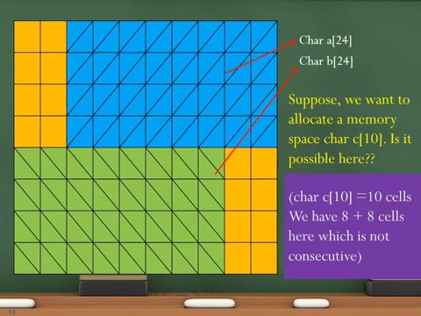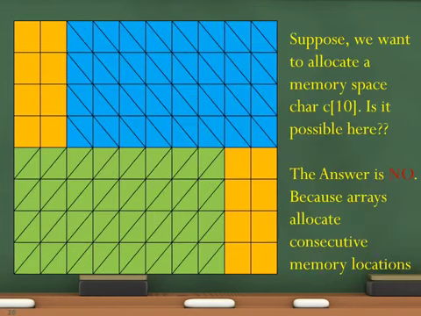We have 2 spaces here with each one occupying 8 cells, but a character array needs continuous memory locations. We have 10 locations which are not continuous, so we will not be able to allocate space for a character array of 10. Since the data are not organized, we are not able to use the space which is available.